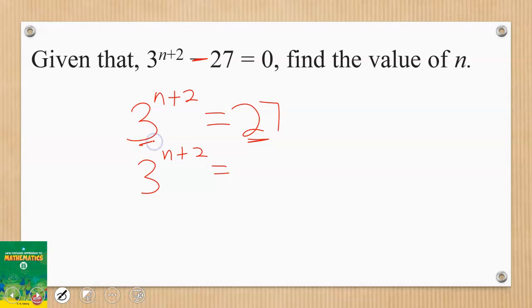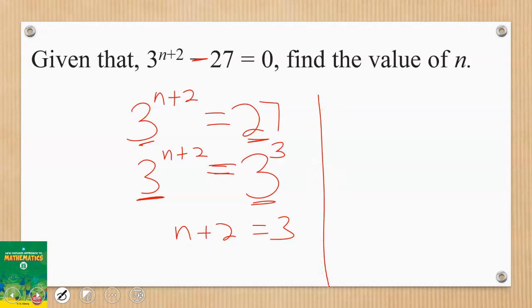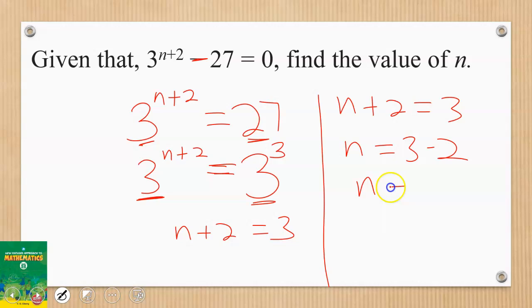Since I have base 3 here, let me write 3 to the power something that will give the same as 27, and that is 3 to the power 3. Now the bases are the same with an equal sign in between them, so I can say n plus 2 equals 3 by equating the exponents. Making n the subject, we have 3 minus 2, so n equals 1. For this question, n equals 1.